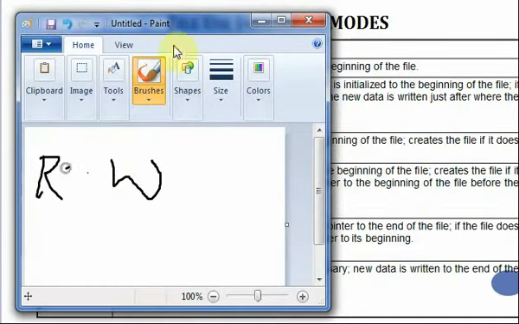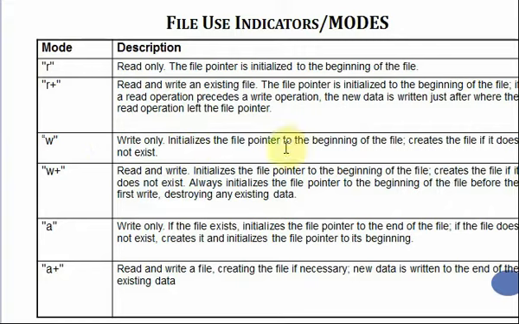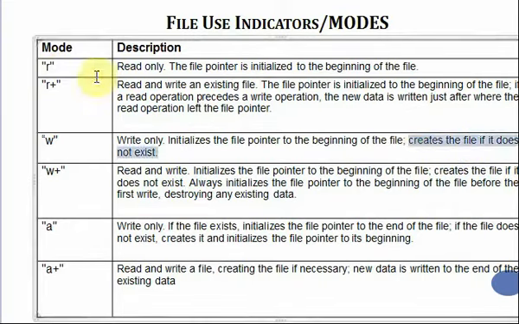Similarly the next one is write only. Here you had read only, next is write only. It initializes the pointer to the beginning of the file, the same as you have seen before. It creates the file if it does not exist. So here you have one additional point. In read mode, if the file is not present, it is going to give you an error message.